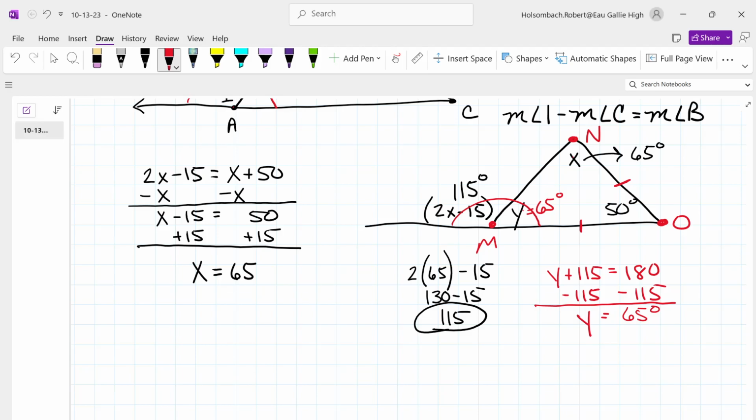All right, so any questions on finding an exterior angle or finding the angles inside of a triangle? All right, then your practice for today.